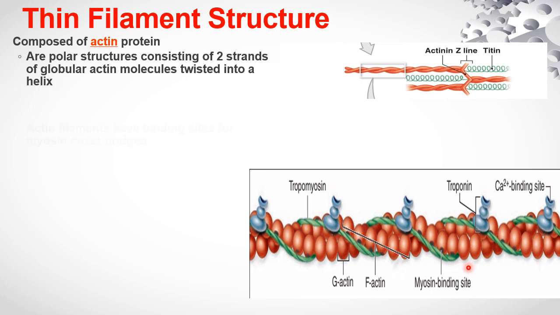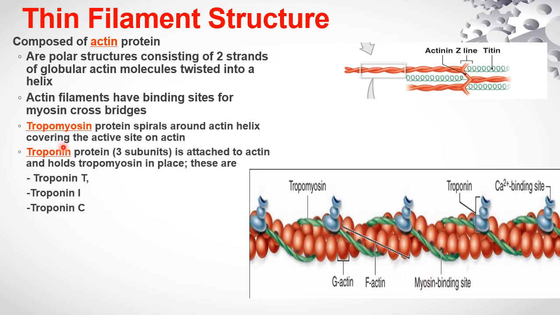Okay, so these are just some notes of what we're talking about. The actin filaments have binding sites for myosin cross bridges. We've already mentioned that. Then the tropomyosin protein spirals around the actin helix, covering the active site on actin. So the tropomyosin covers the myosin binding sites. Then the troponin is composed of three subunits, which are troponin T, troponin I, and troponin C. And troponin C is where the calcium binds.